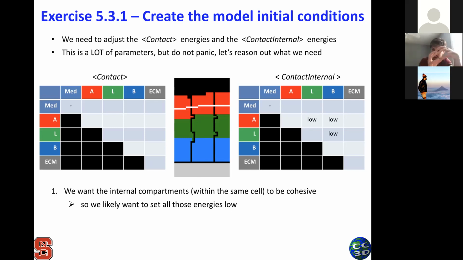So they should prefer to be in contact with compartments of the same cluster than with other clusters. So when you choose your contact energies, you want those values to be low, to ensure that the cell remains a single thing. Does it make sense?